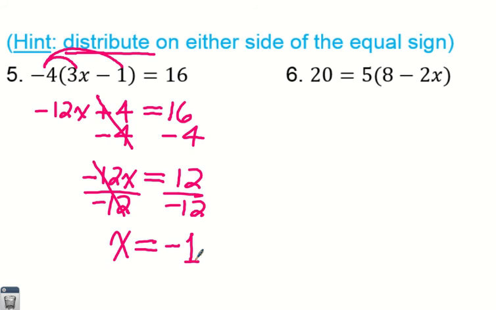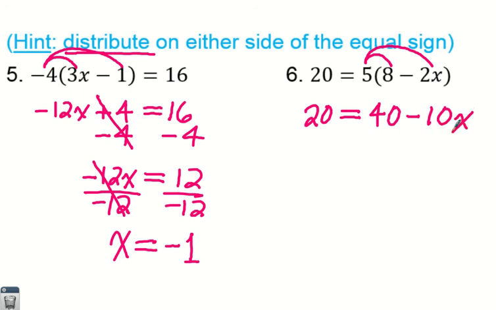Number 6 is very, very similar. The first thing we'd like to do before anything else is probably clear the parentheses by distributing the 5. 5 times 8 is 40. 5 times negative 2x is negative 10x.